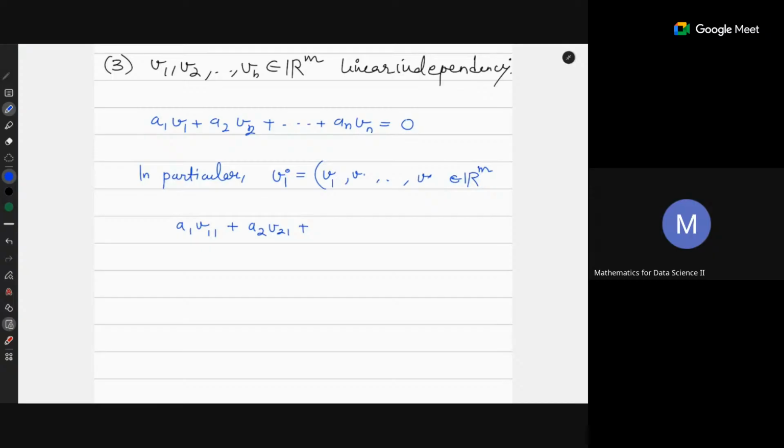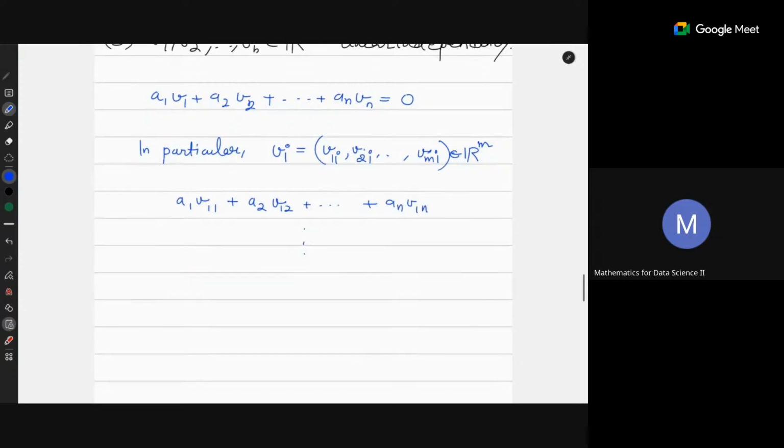Let's take 1i, 2i, up to mi. Now it looks better because it has m equations. After the notation change, it will become a1 v11 plus a2 v12 up to an v1n, and it has m equations. This is equal to 0.